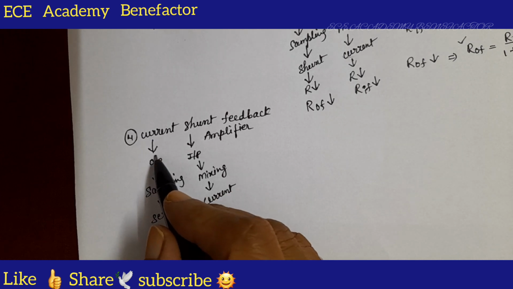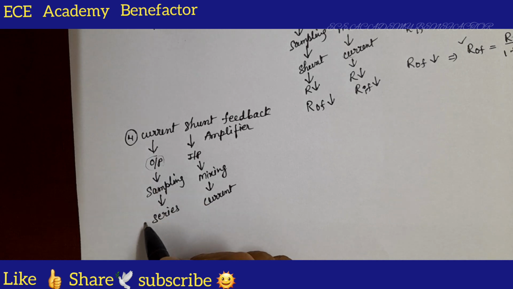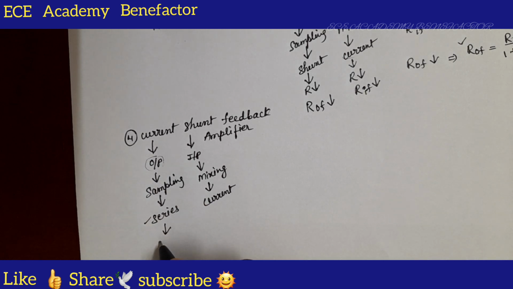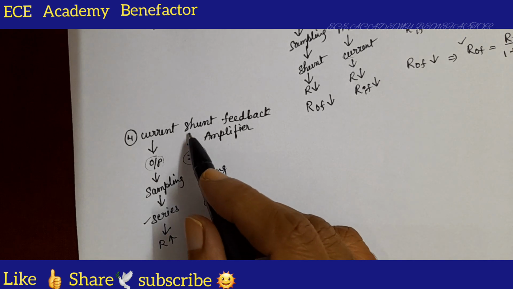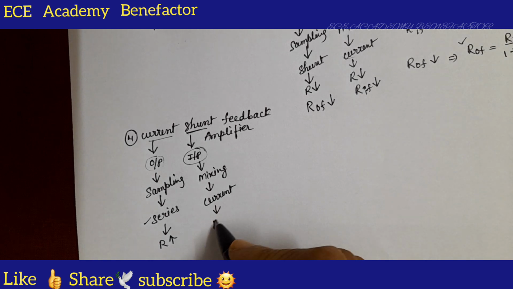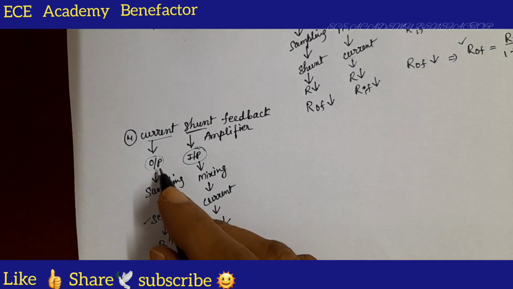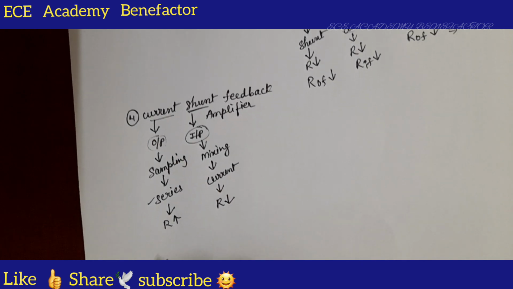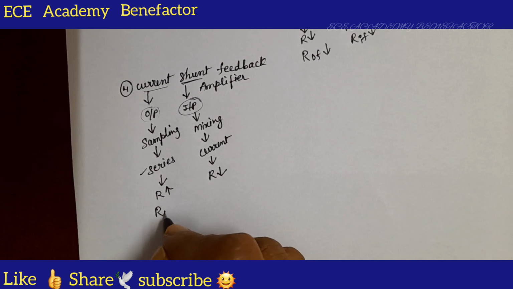So at the output side we are having series connection. For series connection, what is the resistance? Increases. At the input side we are having shunt connections. Shunt means the resistance will reduce. So at the output side we designate the resistance by ROF.